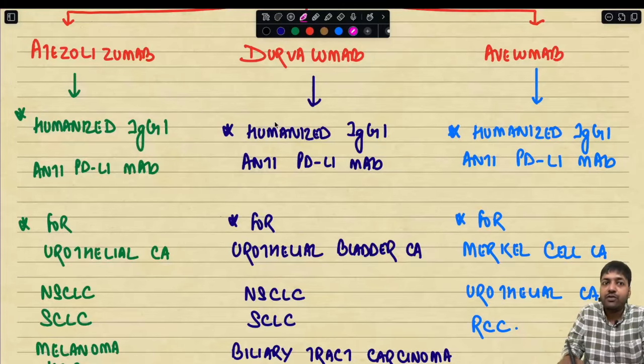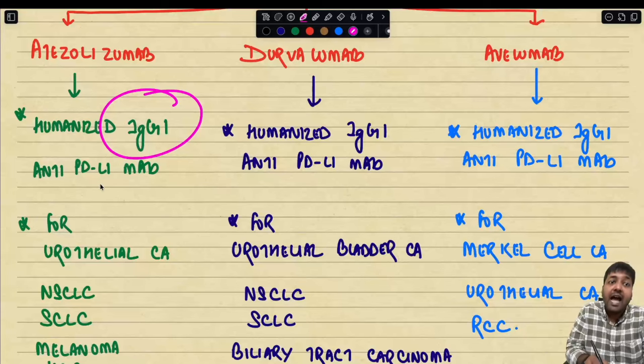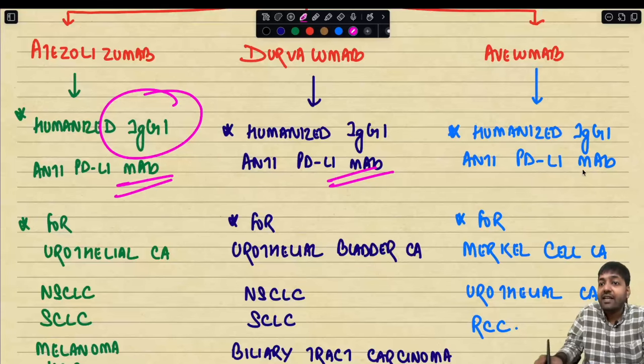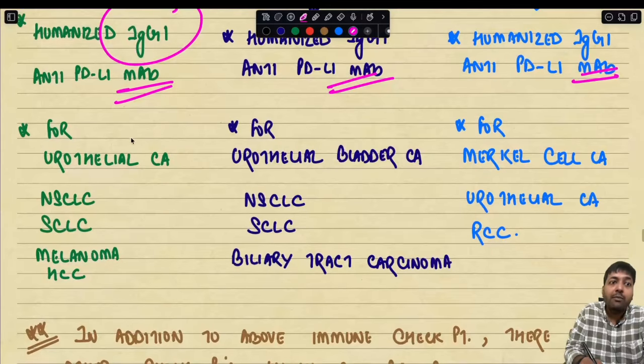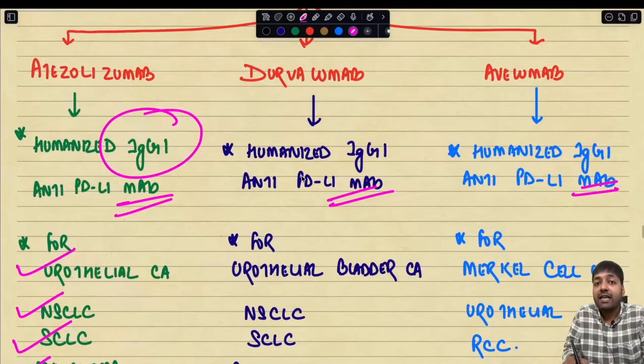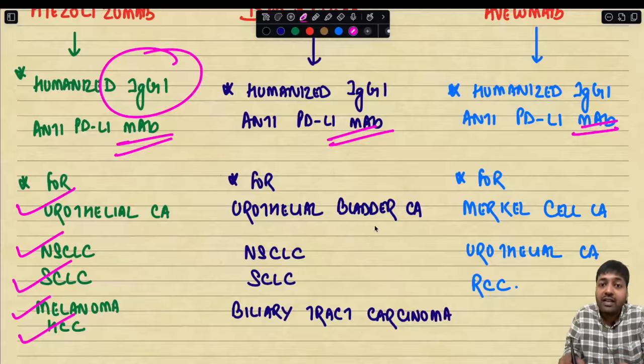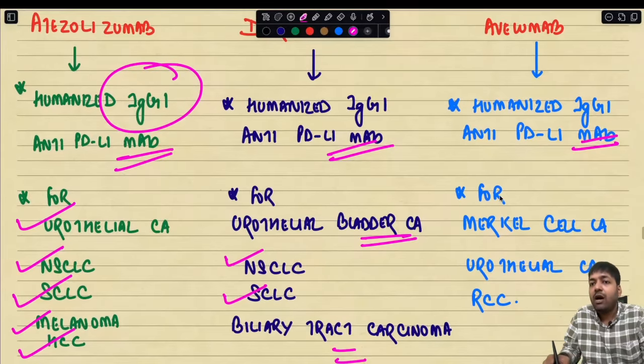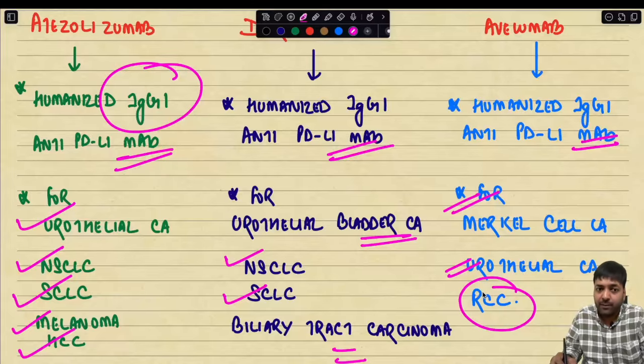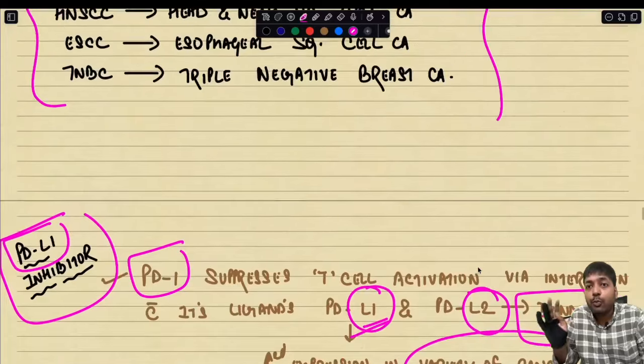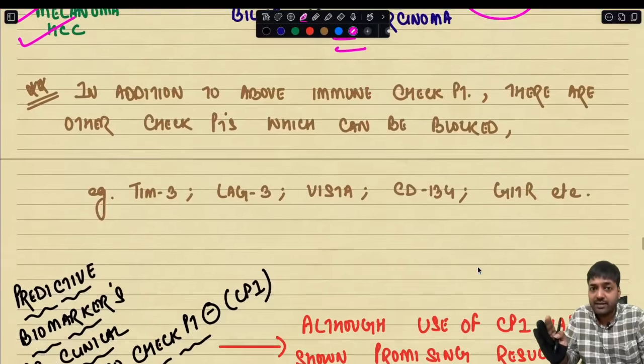All of them are humanized IgG1 anti-PD-L1 monoclonal antibodies. Atezolizumab is approved for urothelial carcinoma, non-small cell lung carcinoma, small cell lung carcinoma, melanoma and hepatocellular carcinoma, whereas durvalumab is approved for urothelial bladder carcinoma as well as non-small cell lung carcinoma, small cell lung carcinoma, and biliary tract carcinomas, whereas avelumab is approved for Merkel cell carcinoma, urothelial carcinoma and renal cell carcinoma. So these are the three main groups of checkpoint inhibitors that we know of.